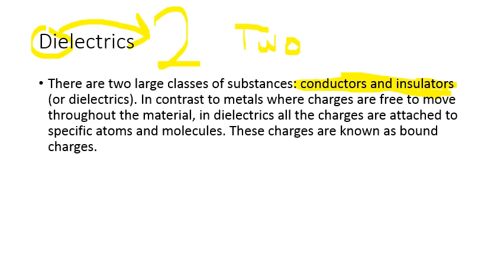Dielectrics have all the electrons, all the charges attached to specific atoms and molecules. And since they are not free to move, they are called bound electrons. Since they are not available for fields, they cannot pass electrons from one place to another.